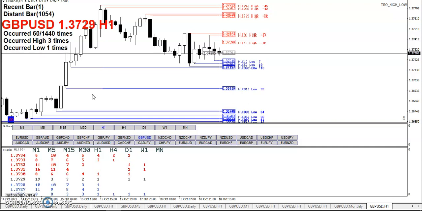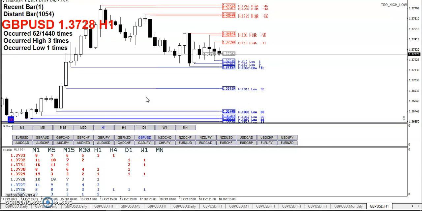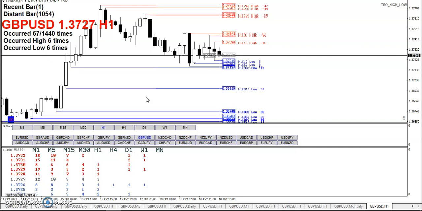Well, given the fact that we've got a bearish candle right here, and it's been a high 3 times and a low only once, probably it goes down. I don't know. It's really not that many times, but we'll just wait and see what's going on. So it starts to go down here.